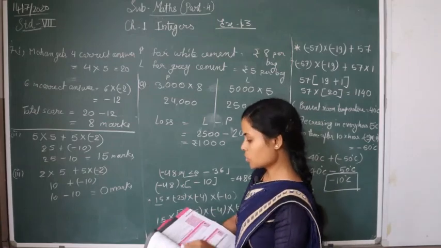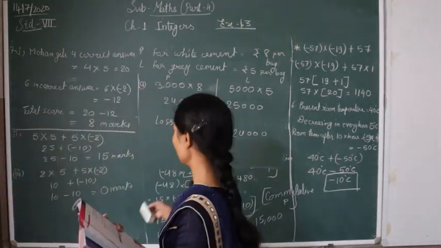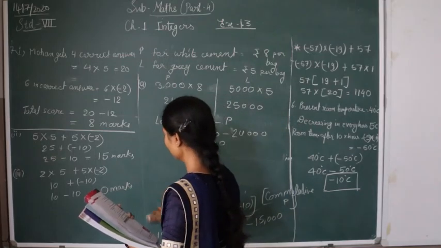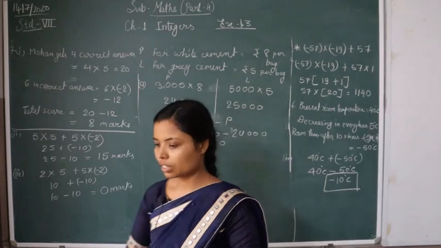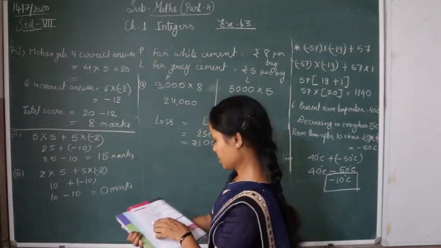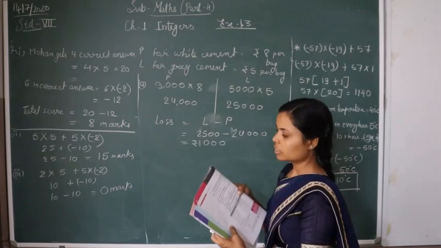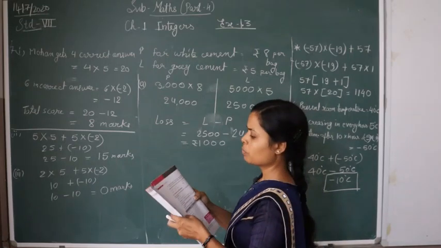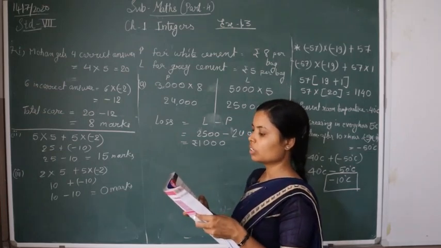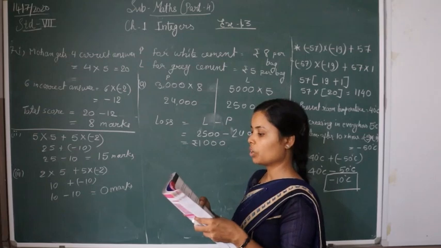The next question is, what is the number of white cement? We don't know the number of white cement. What is the number of white cement it must sell to have neither profit nor loss if the number of grey bags sold is 6,400 bags?